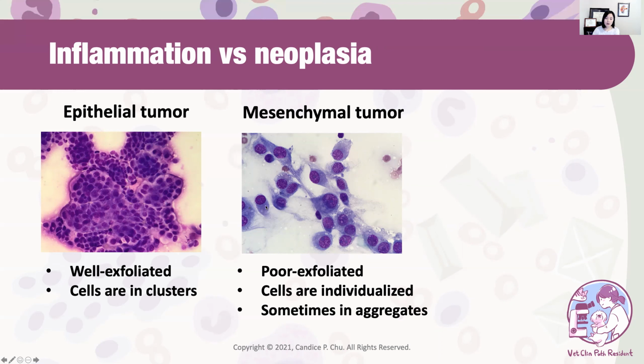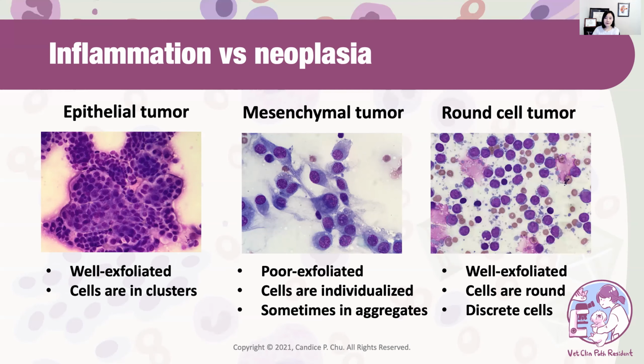And also usually you don't see a very clear cytoplasmic border around them. But sometimes if the cellularity is high, you can see cells in aggregates. So kind of like in this area, cells are in loose aggregates. They are close to each other, but not actually having a very cohesive relationship between them.